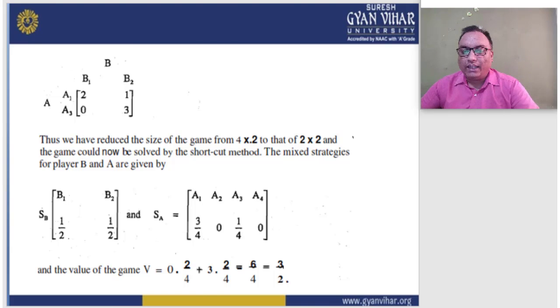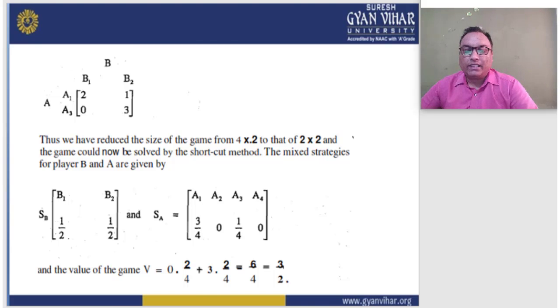The optimal strategies for players A and B are given by these. The optimal strategy for B is S_B equal to B1, B2 with 1/2, 1/2, and S_A equal to A1, A2, A3, A4 with 3/4, 0, 1/4, 0.